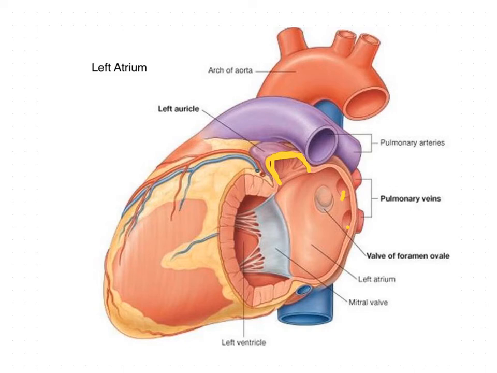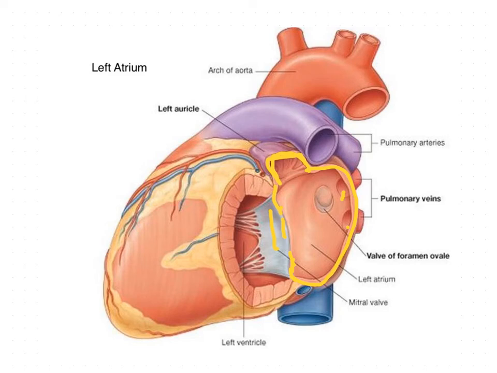This is the mitral valve, which has two cusps, the anterior cusp and the posterior cusp. Simply we can call it the mitral valve. Now we will see in detail.